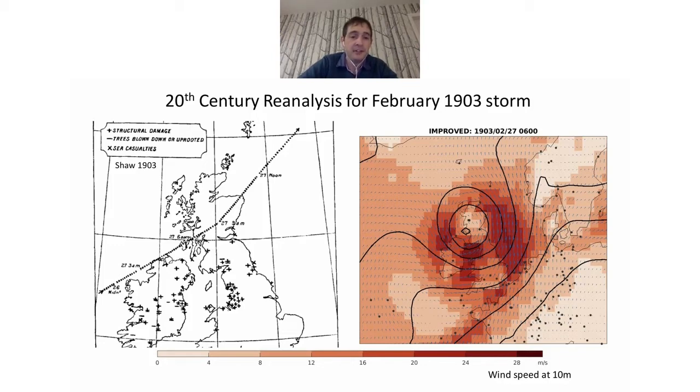And this damage map is now far more consistent with our map from our reanalysis of where the greatest damage occurred and where the greatest winds were experienced. And so everything is now much more consistent, and so we can have much more confidence in our understanding of this particular event, and therefore other events that we can find in the historical record that we can add these new observations to.